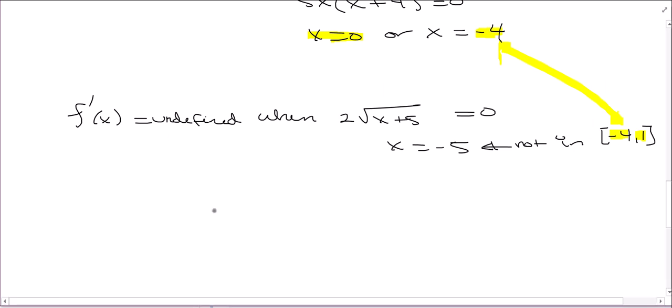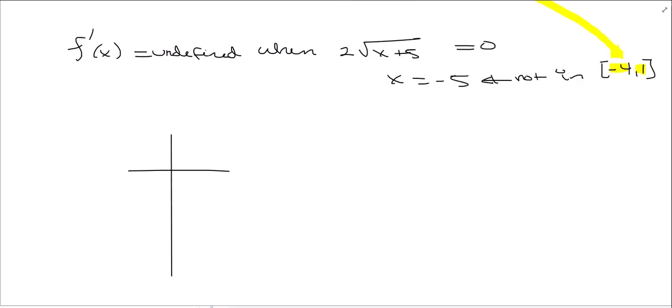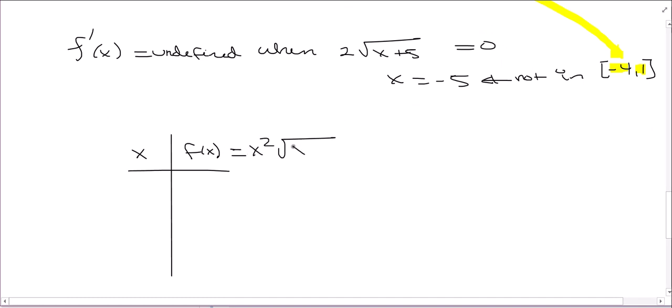So let's try that. Let's go to our table to plug in the values. So we'll have our x and f of x, which is x squared times the square root of x plus 5, right? When we're finding the y value, because we want to compare the y values.